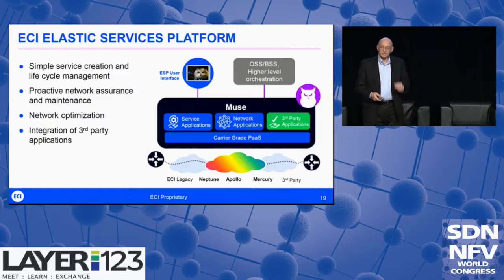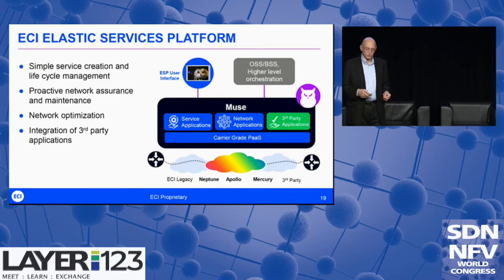I'm happy to say that at ECI, this isn't just a vision, this is something that we're actually doing. We're using this particular forum to start talking about our Elastic Services Platform, which brings together both our set of transport products covering layer 0 through layer 3 and virtualization on top of that, with the kinds of cloud-native applications infrastructure to deliver the benefits that we've talked about before to revolutionize telecommunications services.